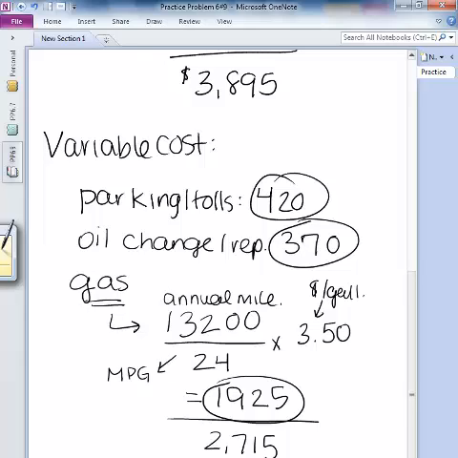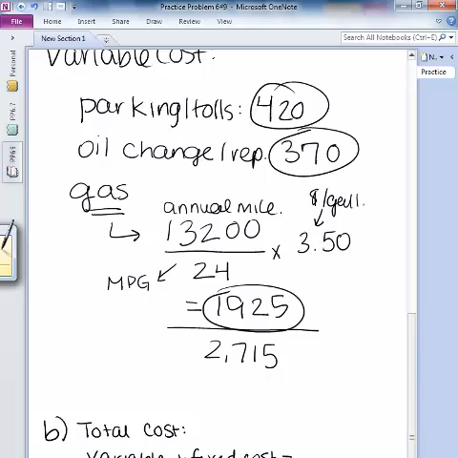Our variable cost was 2,715, and our fixed cost was the 3,895. Together, that is going to give us 6,610.